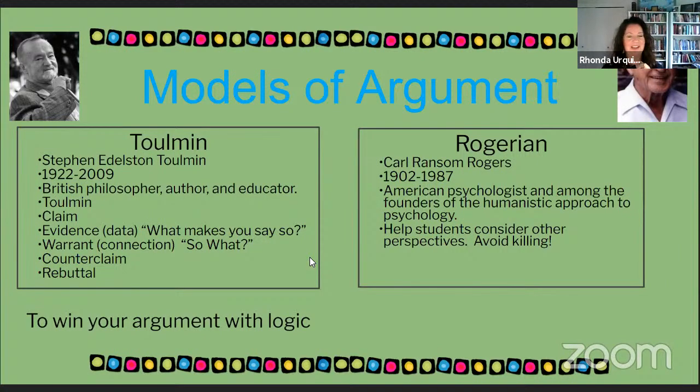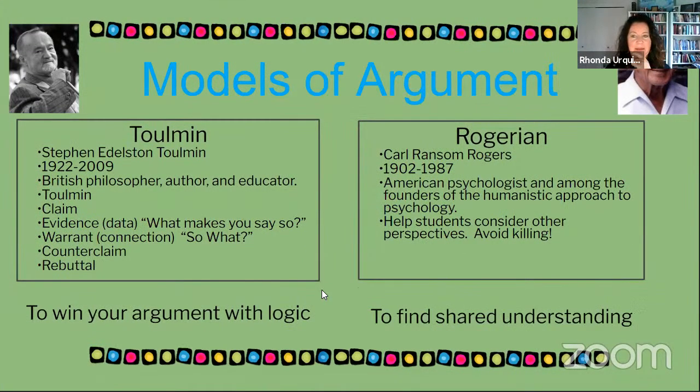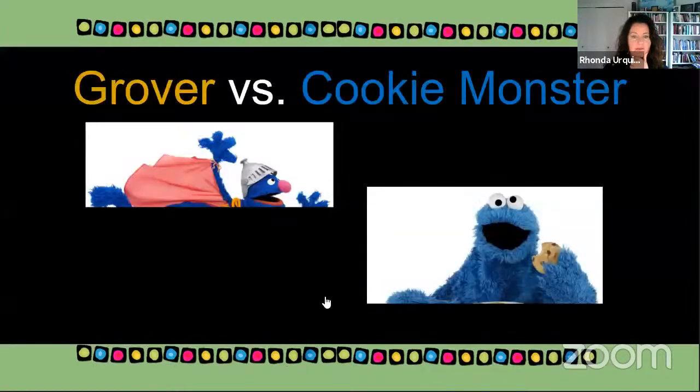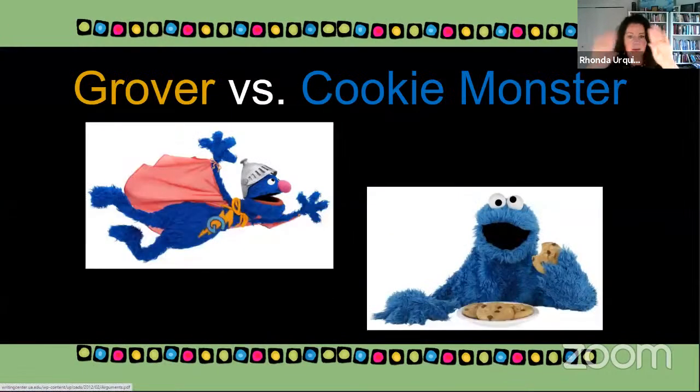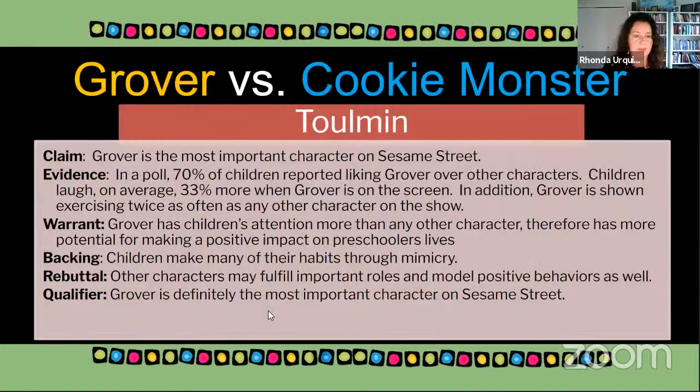I will kind of kill you with my logic. And Rogerian argumentation is more like, let's find a shared understanding and move forward together. I think there can be a combination, and I think they're both worth considering, especially in conversations that we have. To make them go back to back, here's Grover versus Cookie Monster, and I am going to whiz through these.